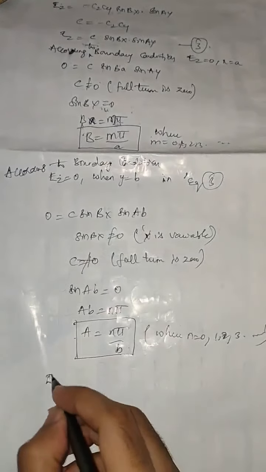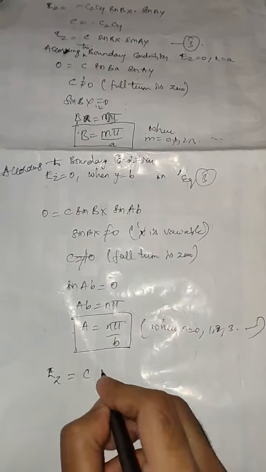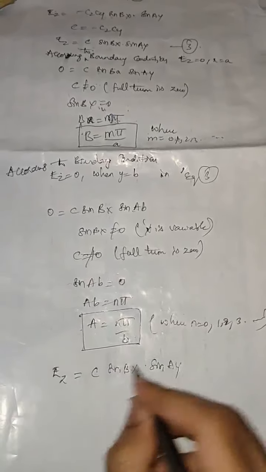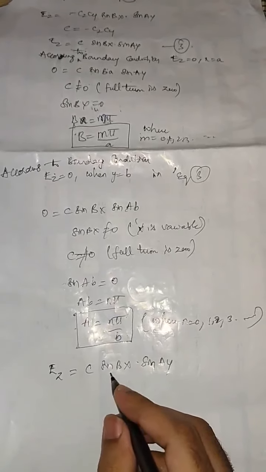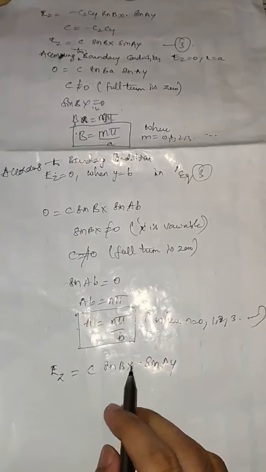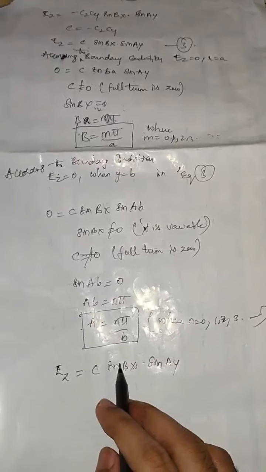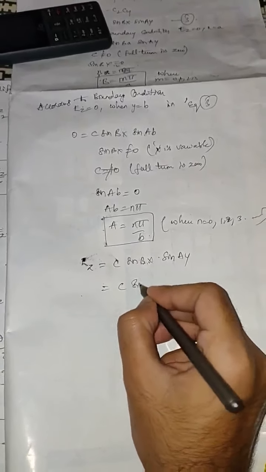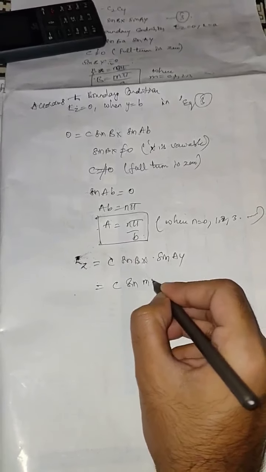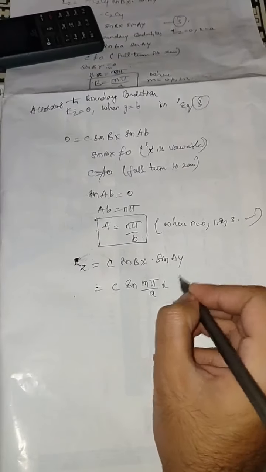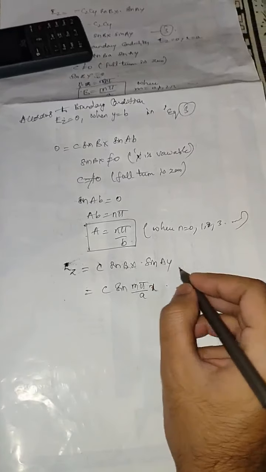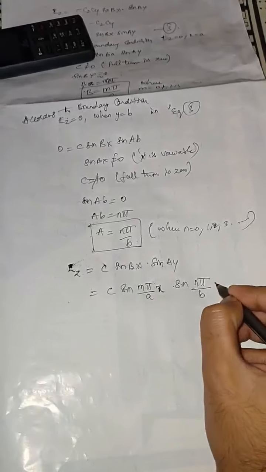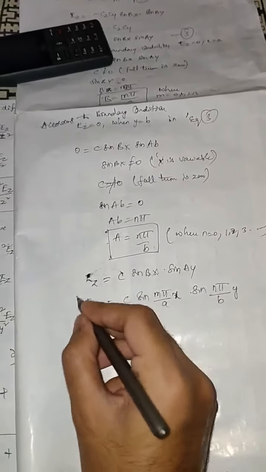Now the Ez value is c sin bx sin ay. You can substitute the values of a and b, so that you get sin of m pi by a x, where x is small x, and similarly sin of n pi by b y, where y is small y.